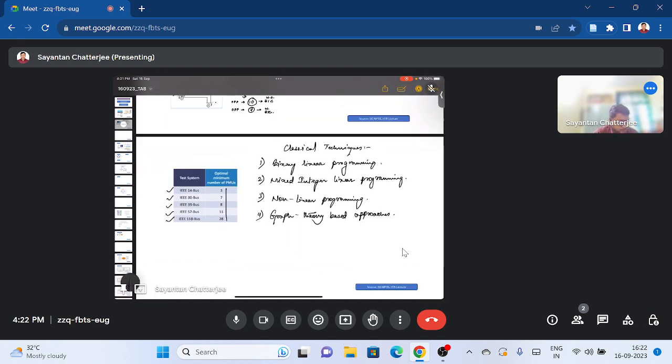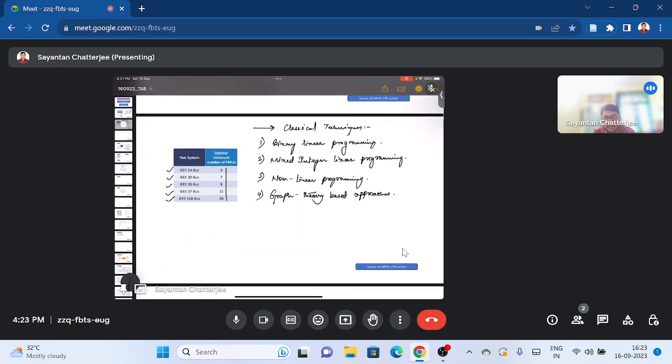So these are the classical techniques, and mainly we depend upon them to find these optimal PMU locations.